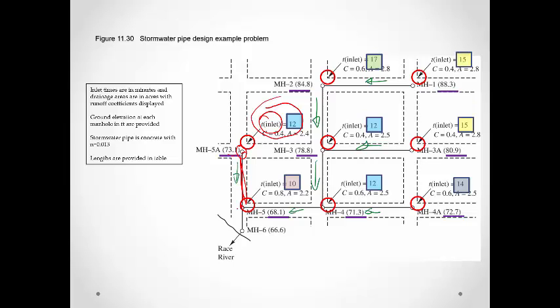And here is the stormwater that has the flow from this area plus this area. So whenever I look at, for example, this inlet here, this inlet conveys the flow from this area and also from this area.